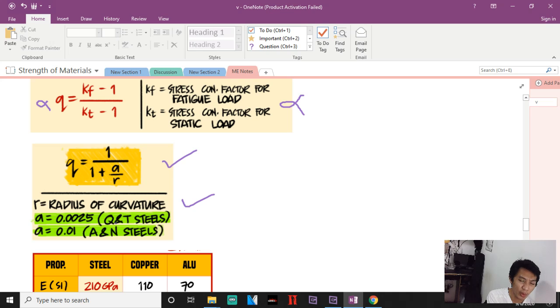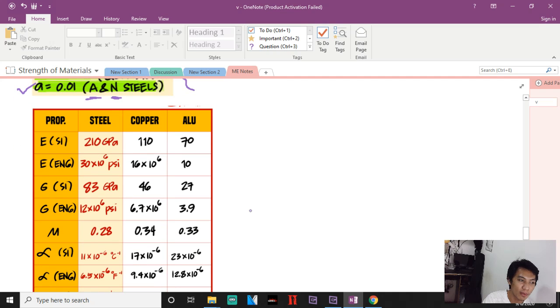Q is quenched, and I can't remember the T. Basta, the T has something thermal, I can't remember. QT, something like that. So the a is different when it is Q and T steels. For A and N, I'm sure that is annealed and normalized. And this one is quenched, the Q. You should remember this too.